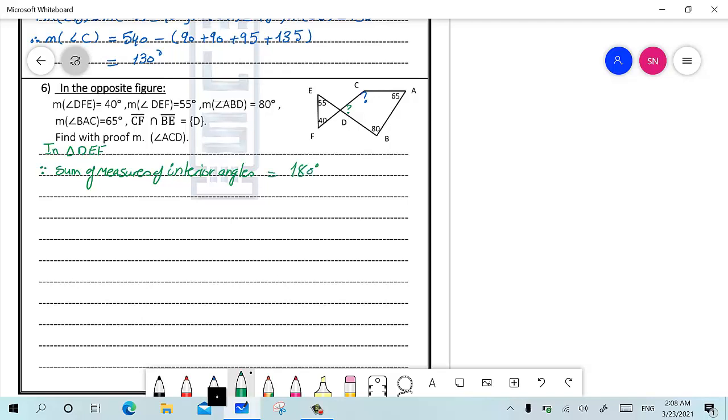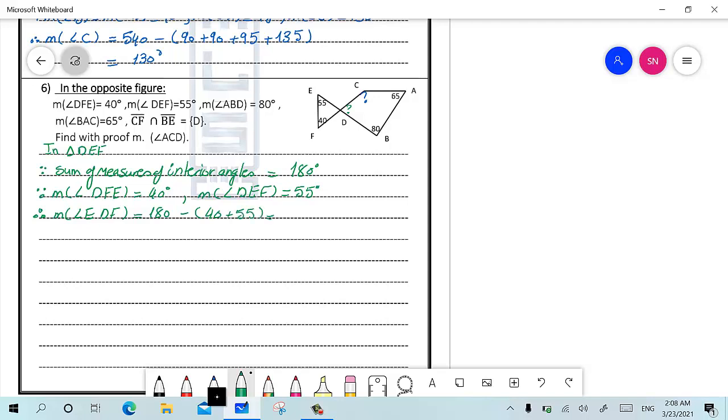I know that in a triangle, the sum of interior angles is equal to 180 degrees, and since measure of angle DFE equals 40 degrees, measure of angle DEF is equal to 55 degrees, therefore the missing angle, measure of angle EDF, is equal to 180 minus (40 plus 55).